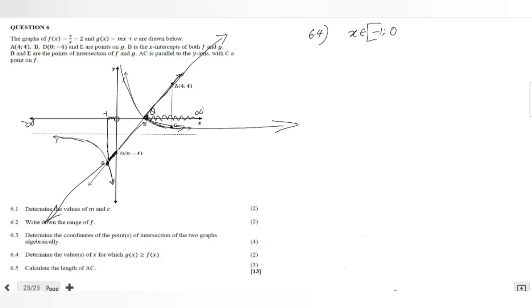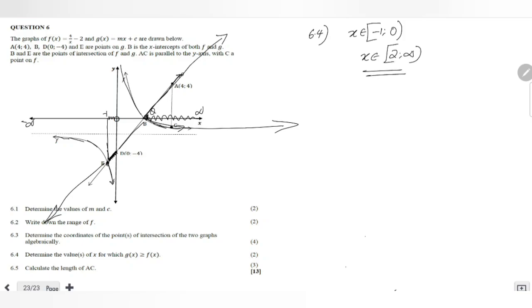At 0 the hyperbola is not there, so 0 must be excluded. Clear? And the next one is x element from 2 to infinity. Infinity side is always open, but 2, because of the equal to sign with the inequality, this side is closed. So this is the final answer.